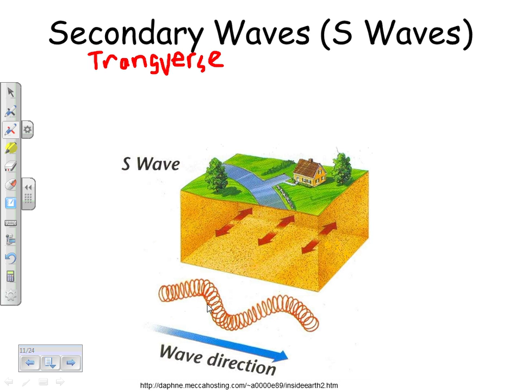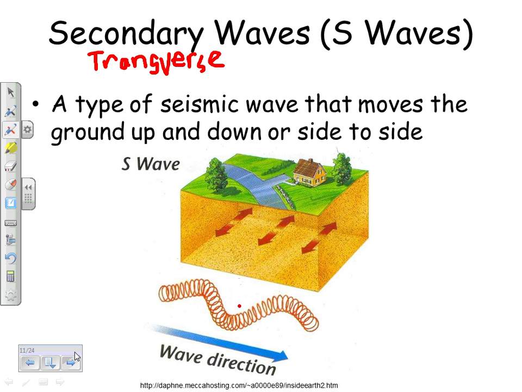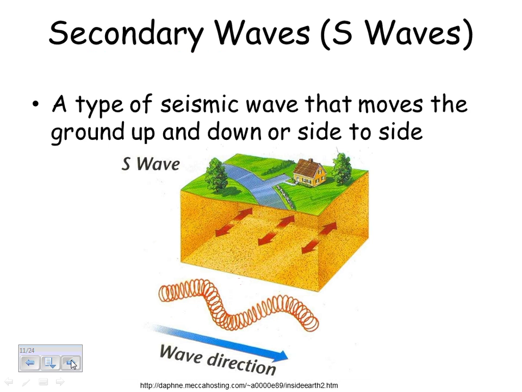The secondary waves are slower. They follow the primary waves in an earthquake. So it moves the ground up and down or side to side instead of compressing it back and forth.